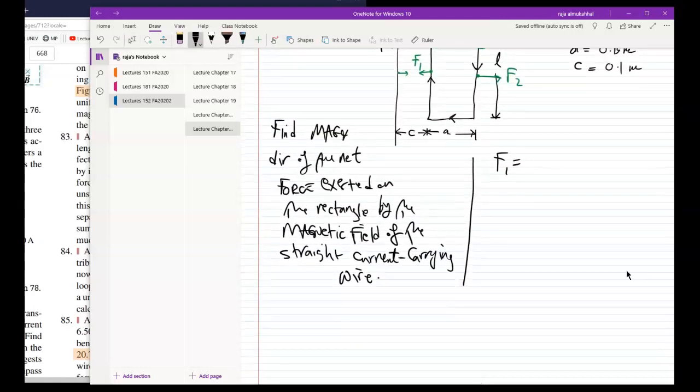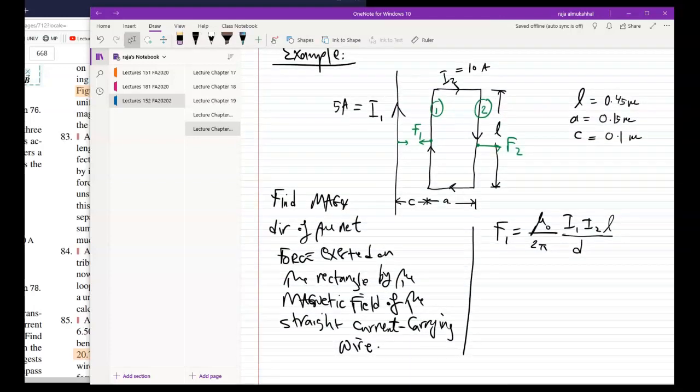F1 is equal to mu naught over 2 pi, I1 times I2, over the distance, times L over the distance between them. Is that right? Okay. So let's find it. Now remember, F1 here, look at that. F1 is to the left, so that's going to be negative.